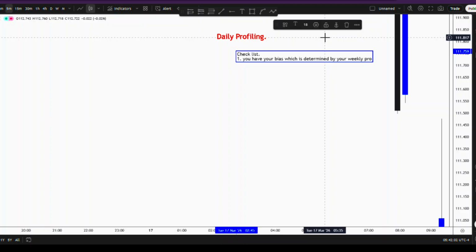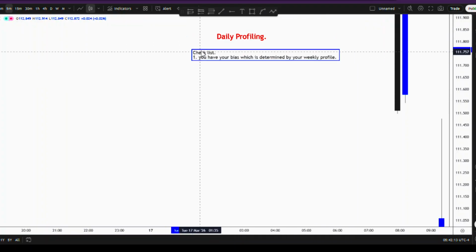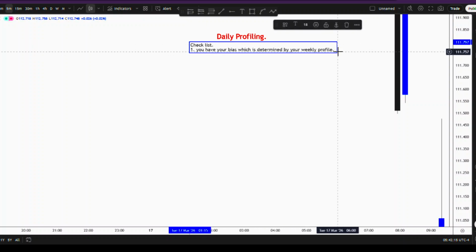What I mean here is, for example, in a classic expansion week, Monday or Tuesday forms the low of the week, and then Wednesday, Thursday, and Friday expand higher. When Monday and Tuesday form the low of the week, you're able to understand your bias is bullish. So you've already determined your bias.